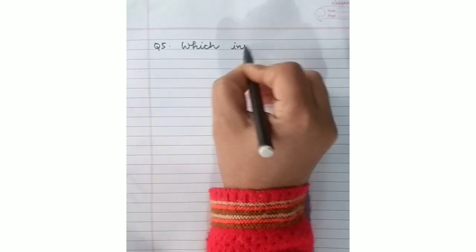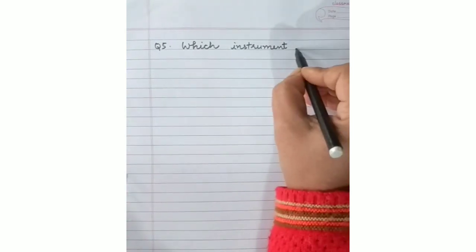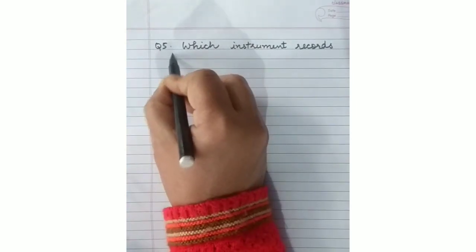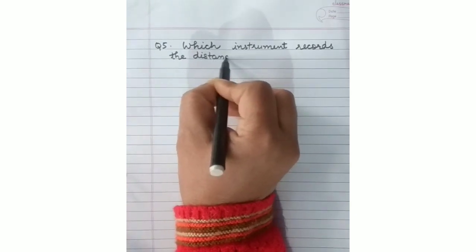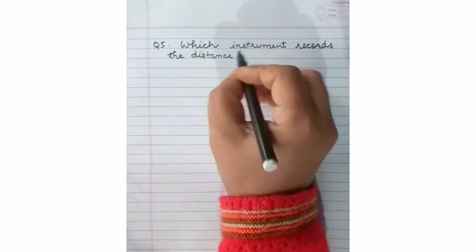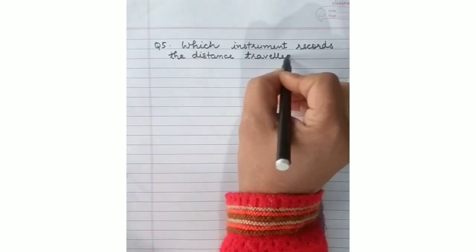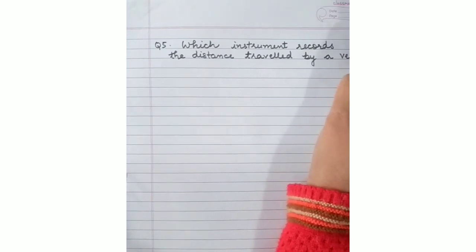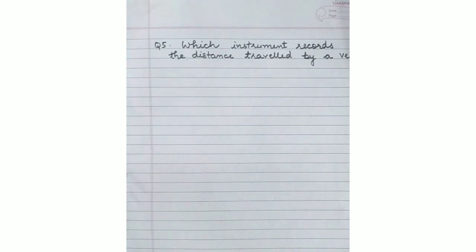Which instrument records the distance traveled by a vehicle? Now name the instrument which records the distance traveled by a vehicle.